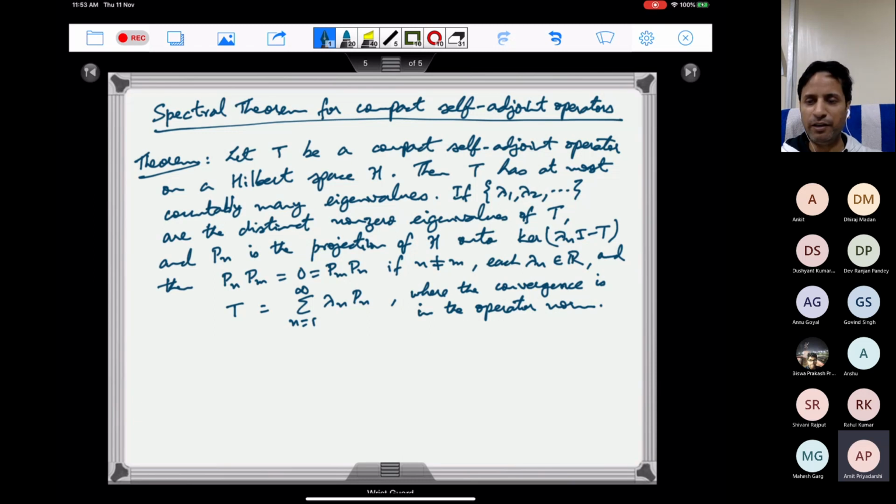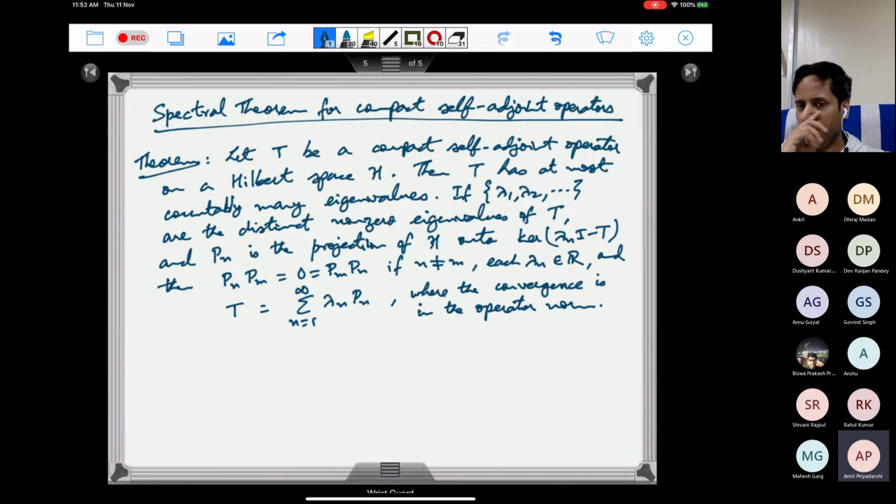So first we can take lambda 1 such that mod lambda 1 is equal to norm T. So we know that for a compact self-adjoint operator, either norm T or minus norm T is an eigenvalue.